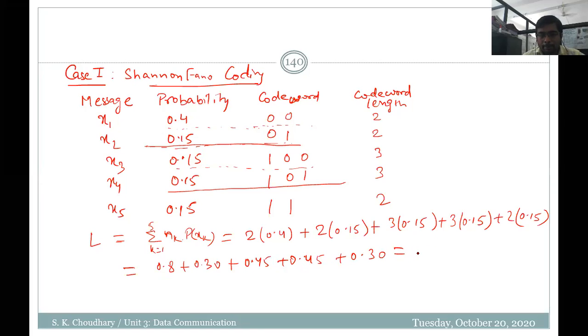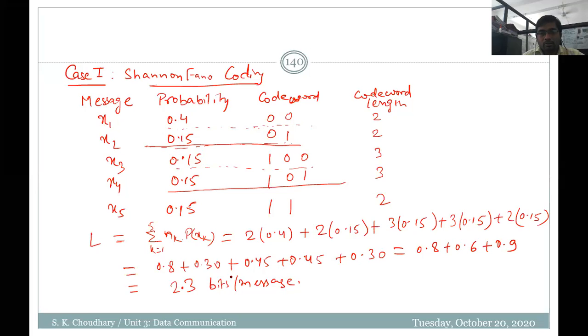It becomes 0.8 plus 0.6 plus 0.9, then 9, 8, 17 and 6, 23. So it would be 2.3 bits per message, or letters per message, you can say.